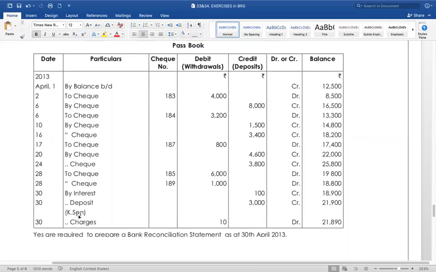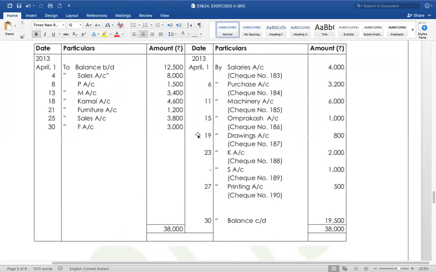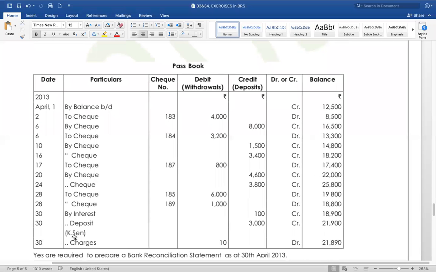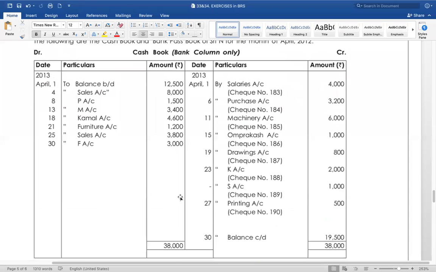This is deposit by sale. Okay, sir. This is not this 3,000. Look at this. This is F account. But what is given here is sale. They're two different. So this 3,000 is not visible here. And this 3,000 is not visible here.